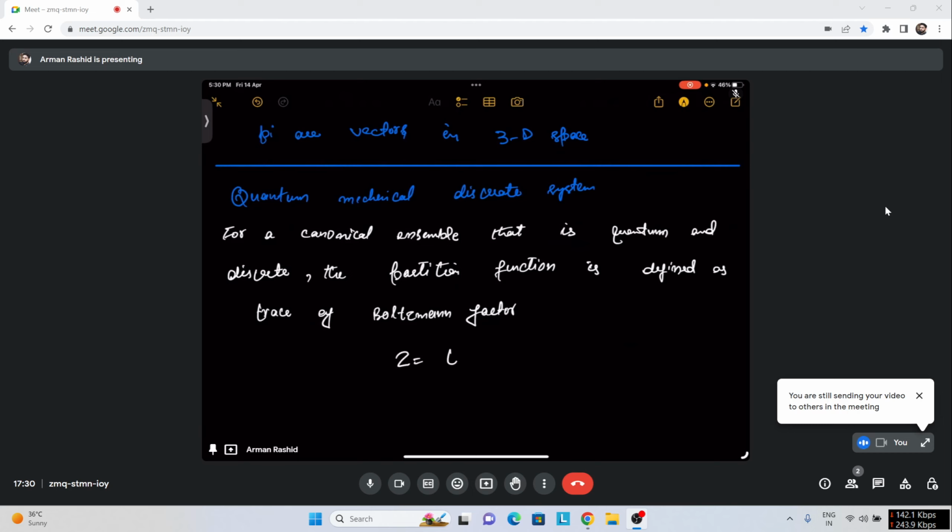So Z is equivalent to the trace of the Boltzmann factor, which is e raised to power minus beta H.